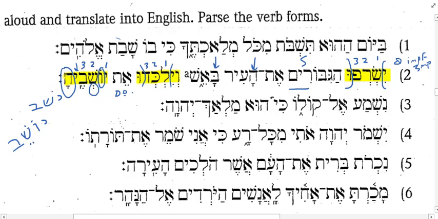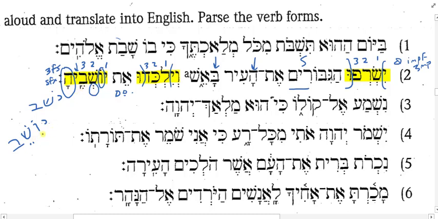What I have is a pronoun suffix that's been attached. What is the ha pronominal suffix? Which person, gender, number is that? That's third feminine singular suffix. And it's plural. This pronoun has plural things that it's attached to.